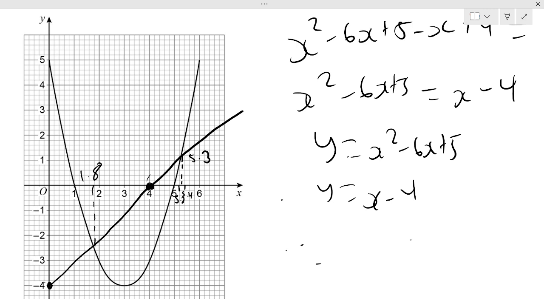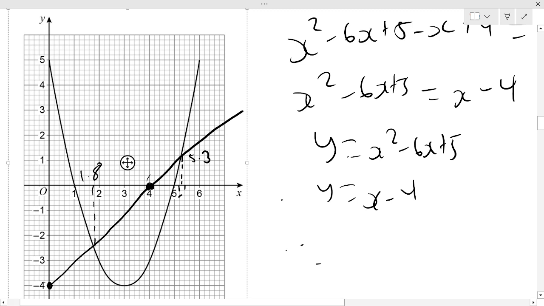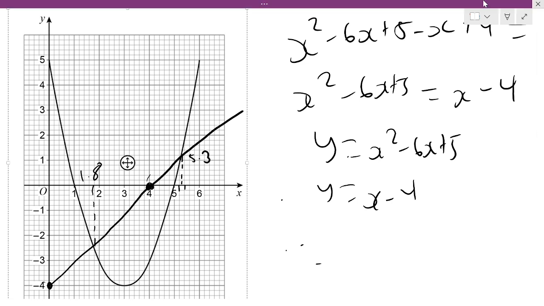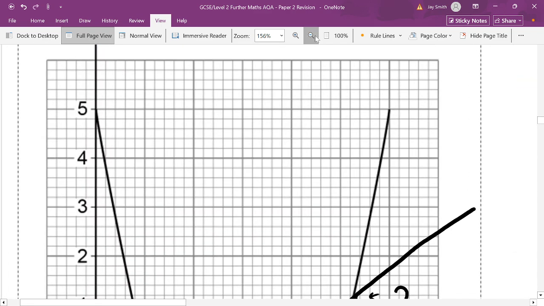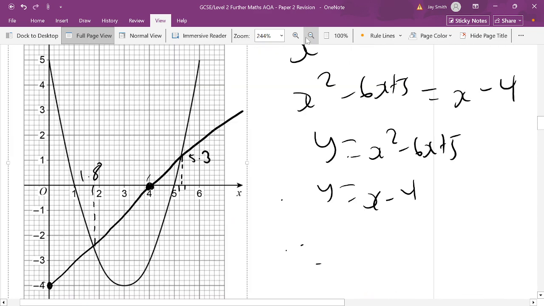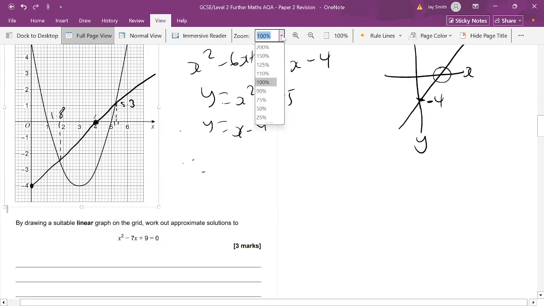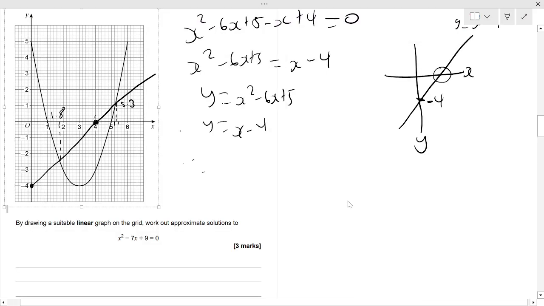Again, hopefully you can see that right. This intersection here is 5.3 in the middle between these two boxes here. So that's our solution. If you read off the graph, let's get back to normal then. There we are. So we saw that when they intersect, the solutions are 1.8 and 5.3.